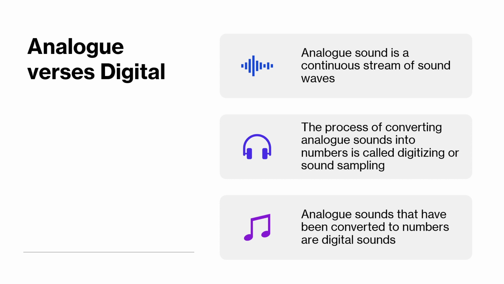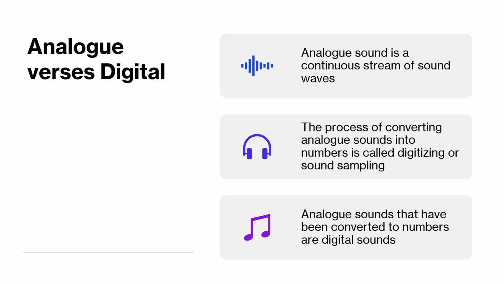And also, for the computer to be able to understand this particular sound, these sound waves must be converted to numbers. As I told you, the computer doesn't really understand anything but zeros and ones. So the conversion into numbers is what I'm talking about as zeros and ones.